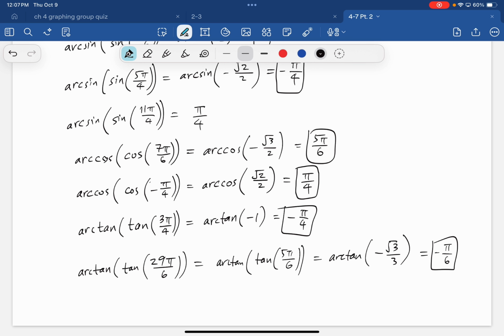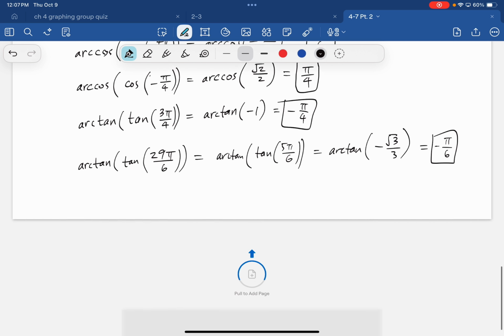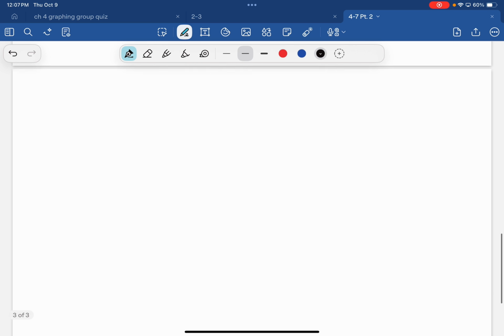Any questions? All right, then let's continue on to compositions of inverse trig functions that are different. For example, let's say we had sine of arc cosine of 3/5.